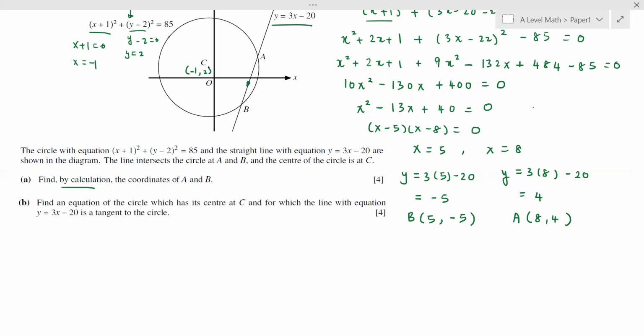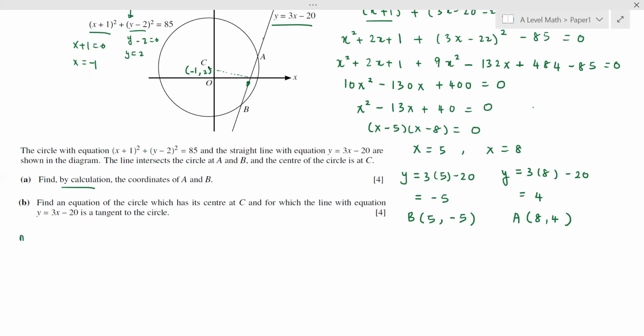The equation of the circle, because the center is (−1, 2), what changes is actually the radius. So to find the radius of the circle, we need to find the distance from C to the line. And this circle touches the line at the midpoint of AB, since the line is tangent.